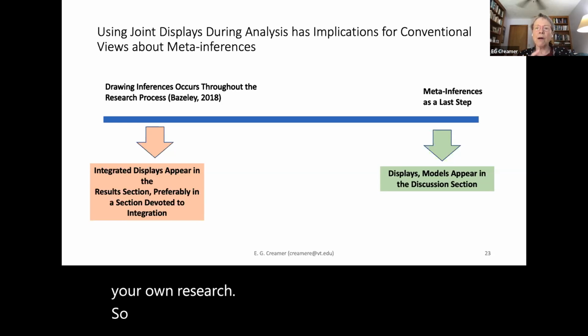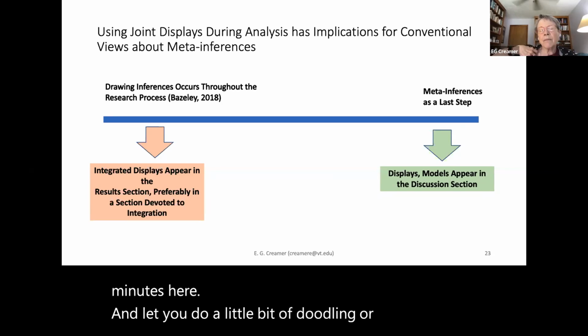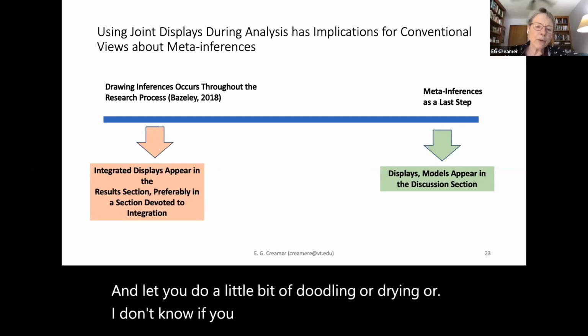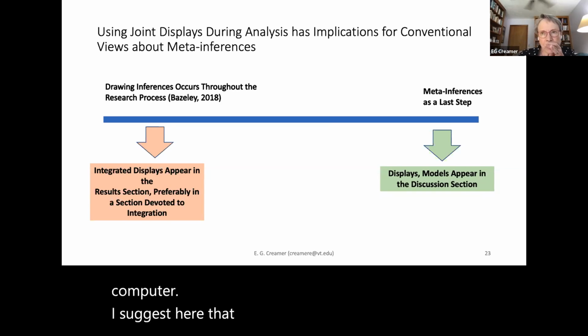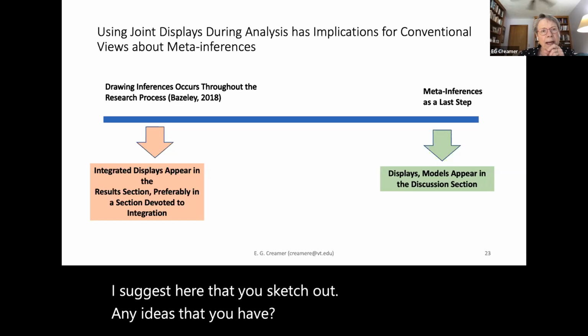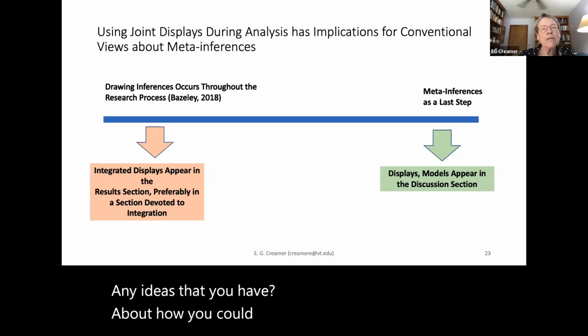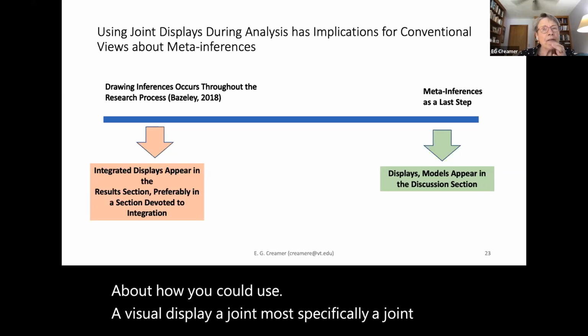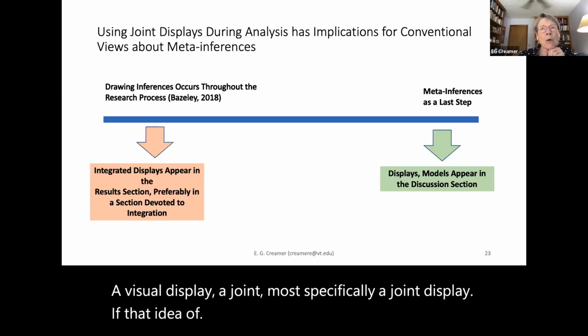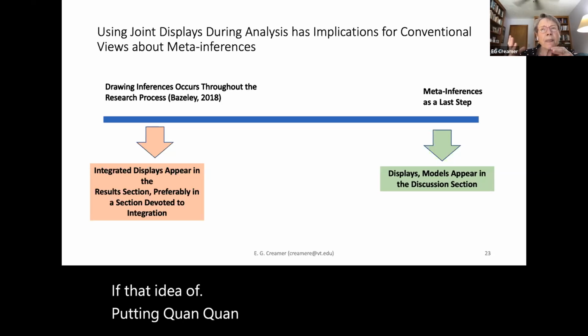So I'd really like to stop here and let you do a little bit of doodling or drawing, or I don't know if you still use paper, if you do it on your computer. I suggest here that you sketch out any ideas that you have about how you could use a visual display, most specifically a joint display, if that idea of putting qual and quant data in a table or figure could be useful to you.